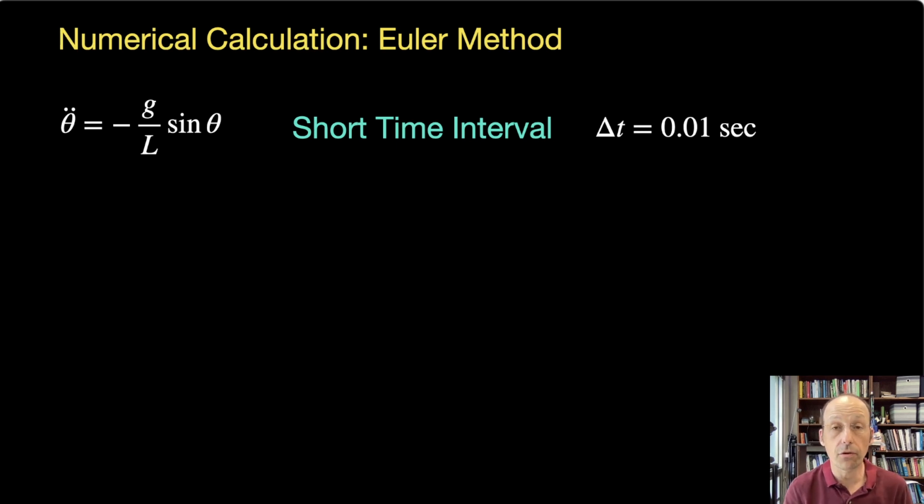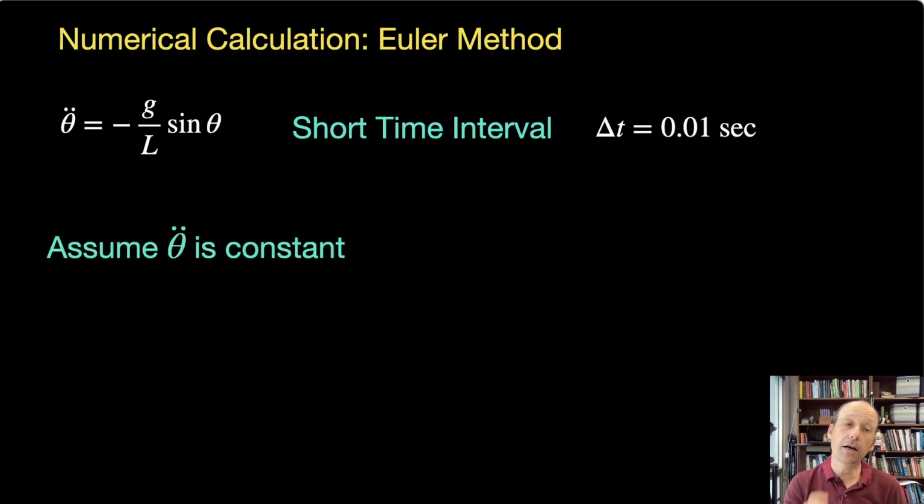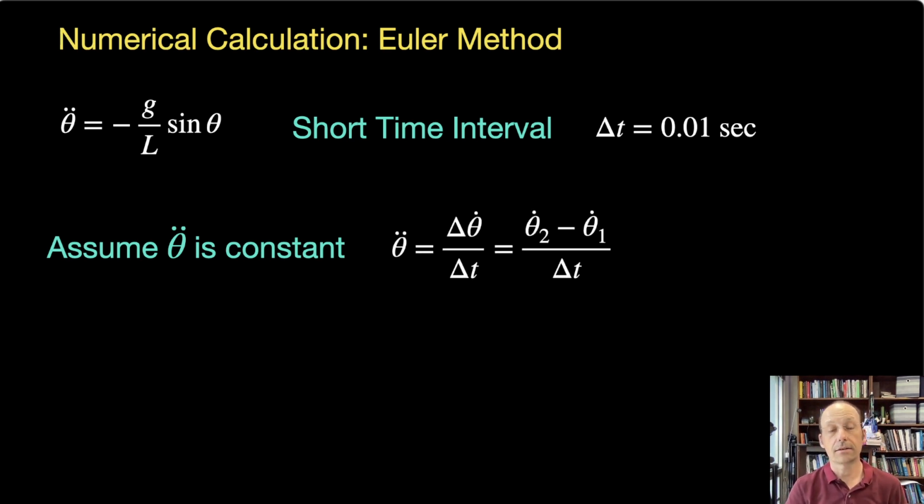During that short time interval, I can assume that theta double dot is constant. It's not constant, but I can pretend like it is. If I do that, I can define theta double dot as the rate of change of theta dot. So I can write it like this: theta double dot is the change in theta dot over the change in time.